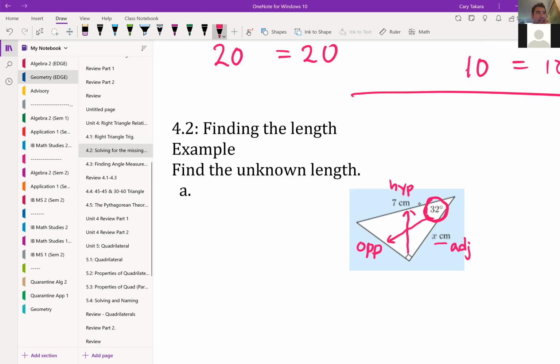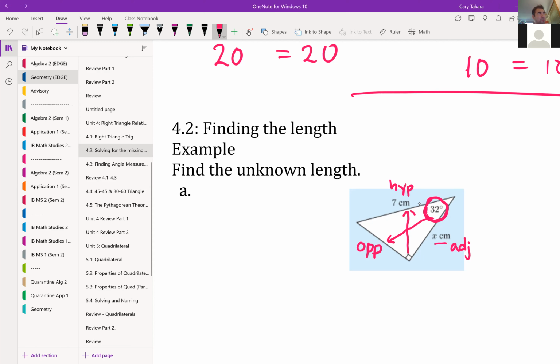Now, the next step is to set up, okay? Let me just pose a question. Which one do you think we need to pick out of sine, cosine, and tangent? You can't use any of them. It has to be one particular trig ratio.